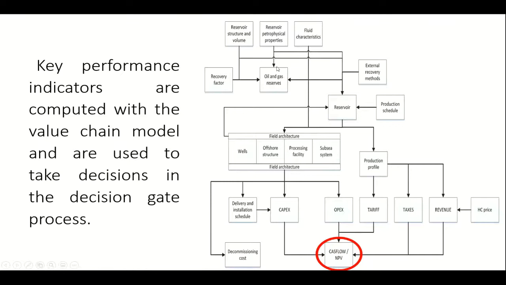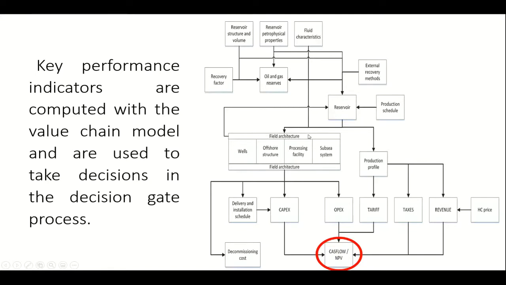We have the reserves, which is a combination of volumes, properties of the rock, and properties of the fluid. Then we see how we're going to recover those reserves, more like a dynamic model, going from a static to a dynamic model. Then I define a schedule, how I'm going to produce my reserves.